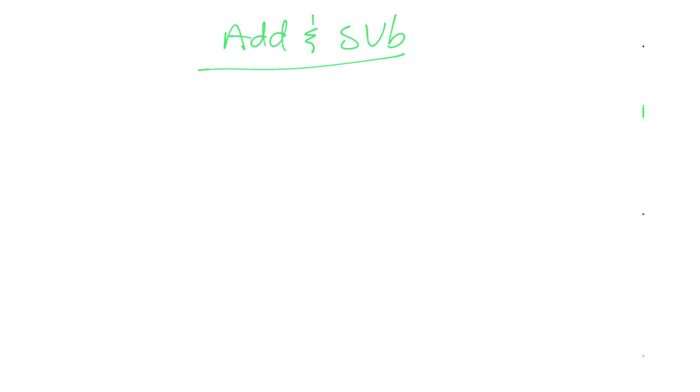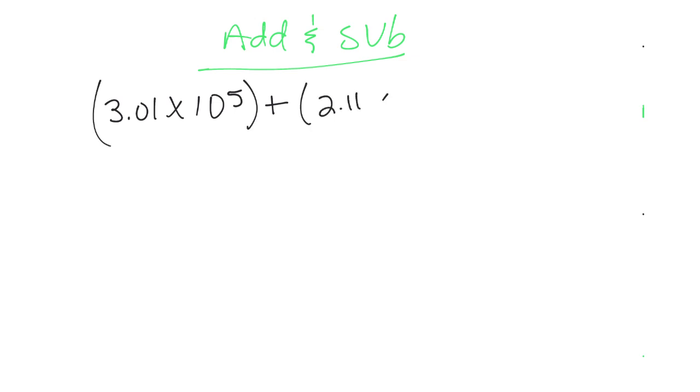So let's go ahead and do 3.01 times 10 to the fifth plus, and I'm going to put these in parentheses so you can tell what I'm doing, 2.11 times 10 to the sixth. Now to add those, I'm going to use the calculator. I'm just going to use the EE button.